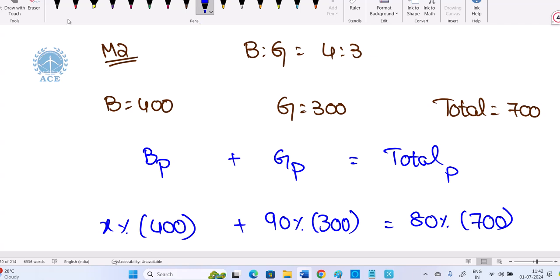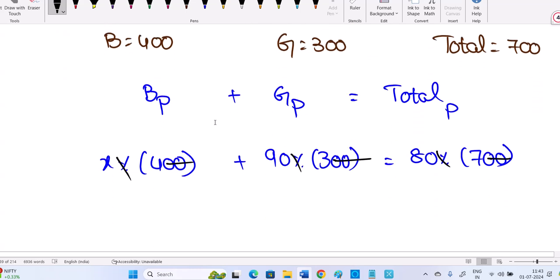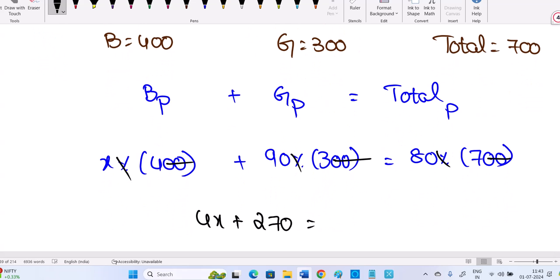This will give you a simple idea. You can solve this way also. Boys passed plus girls passed equal to the total number of students who passed. Every term is having 100 and percentage, so I'm cancelling that 100 and percentage value. This is 4x. This is 90 into 3, 270. 80 into 7, 560.